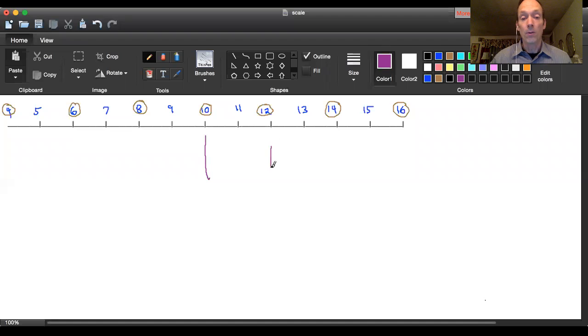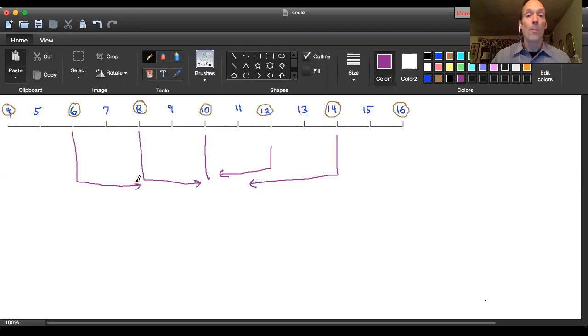So, for example, it's going to say, okay, we've got a 12 in here. How far is the 12 from the mean? We've got a 14. How far is the 14 from the mean? It's going to do the same thing with all the numbers on the left side and on the right side. Once it's gotten all these distances, it's more or less going to compute the average distance between each value and the mean.